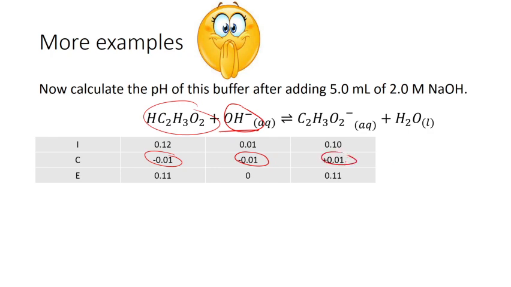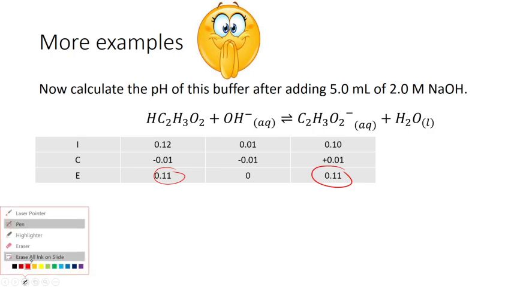And we are going to gain 0.01 moles of acetate, because these two are reacting with each other to form this. Which means that at the end we have 0.11 moles of our acid left, and 0.11 moles of our acetate.